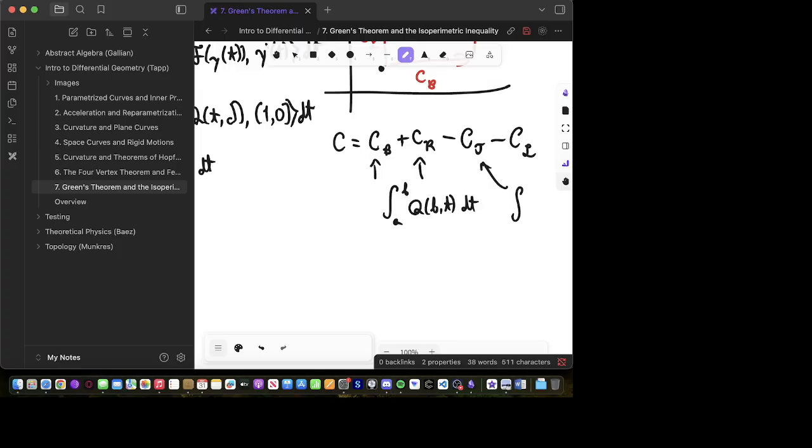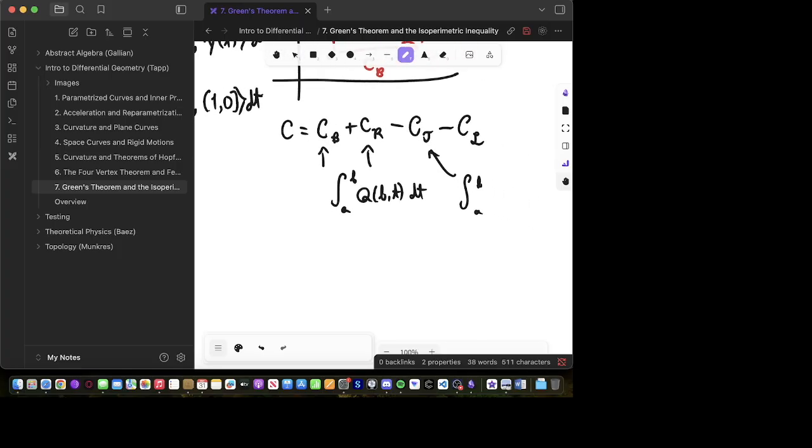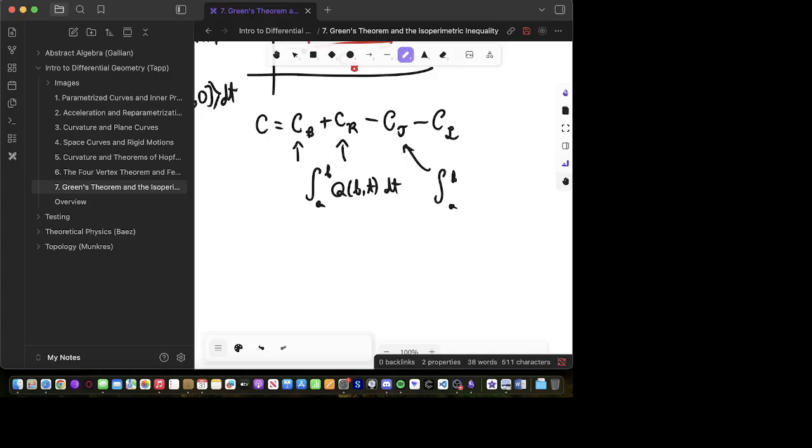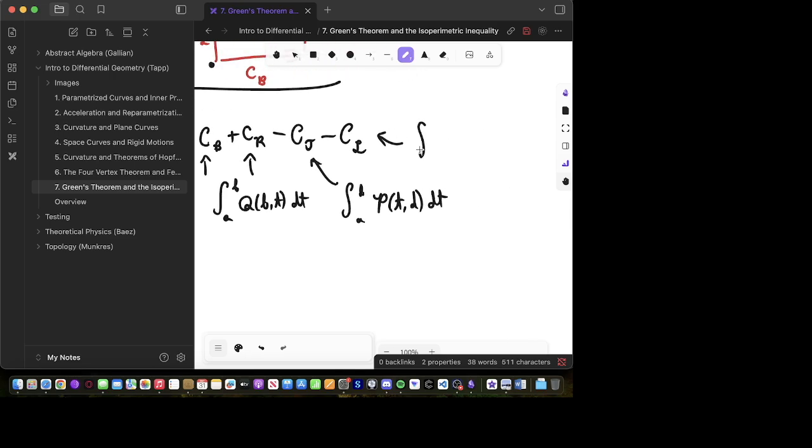For this one, along CT, not negative CT, we have, and then along CL, we have, this would be c to d, and this should be c to d.